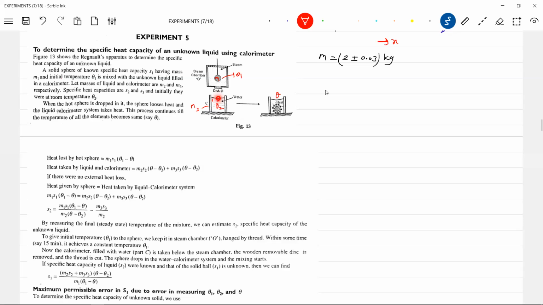Okay, now we'll get into heat exchange, heat loss by the sphere. The sphere is what is put into this one. So are you seeing the second diagram, the third diagram, where the sphere is there in a calorimeter where they'll attain the equilibrium temperature.